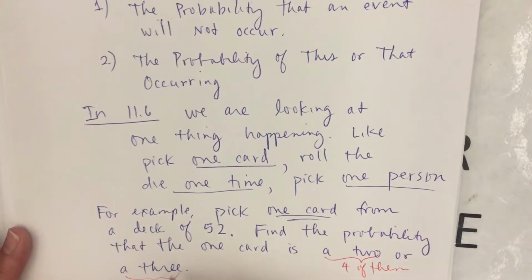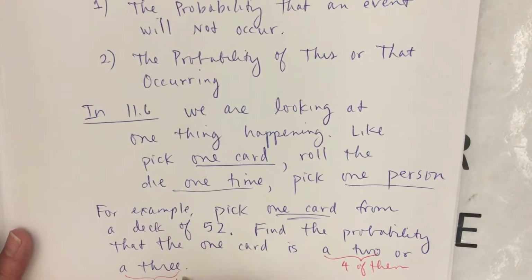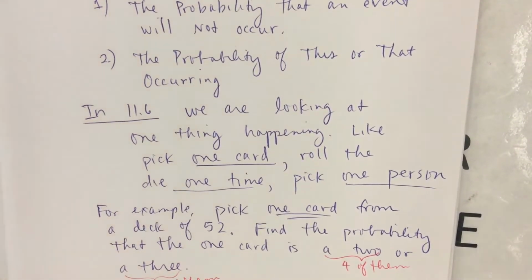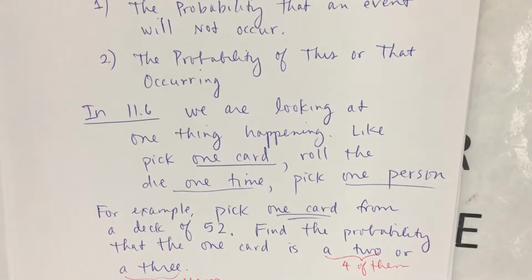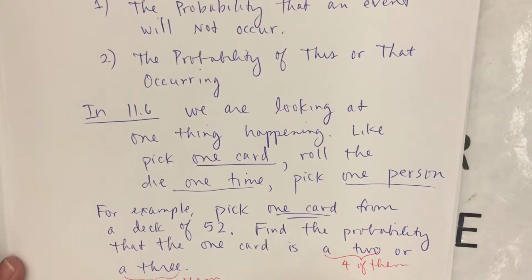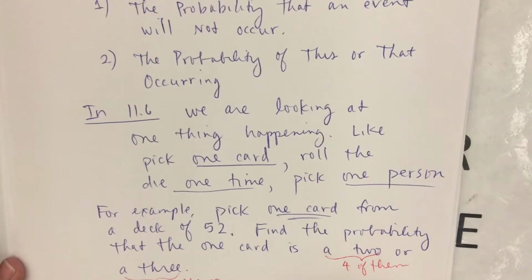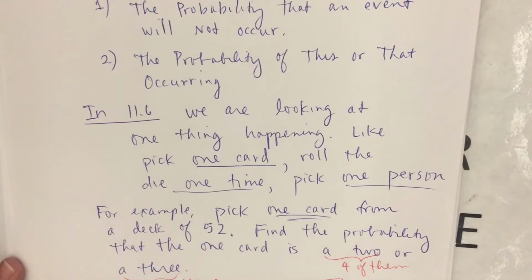And how many 3s? There are 4 of them. How many ways could that one card be a 2 or a 3? 8. 8 over 52 would be the probability, so that would reduce to 2 over 13.